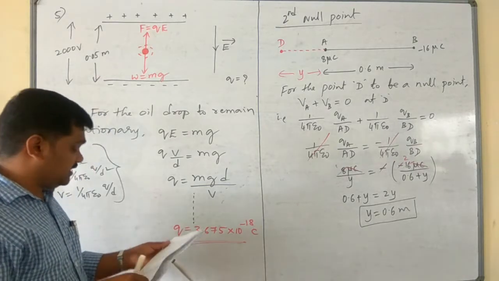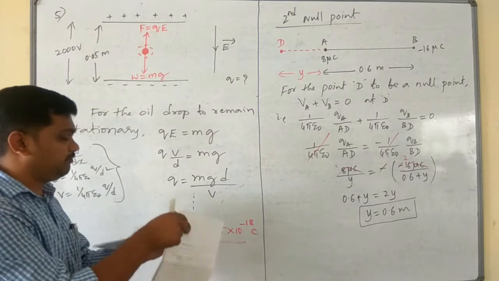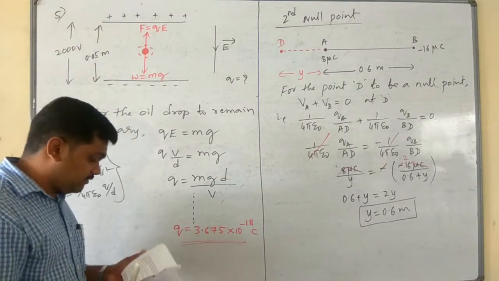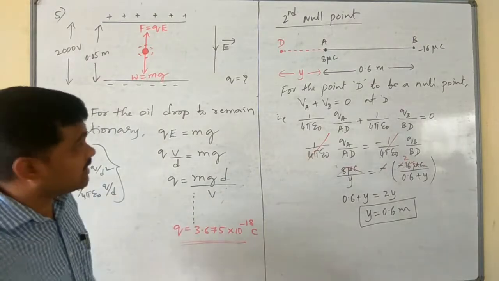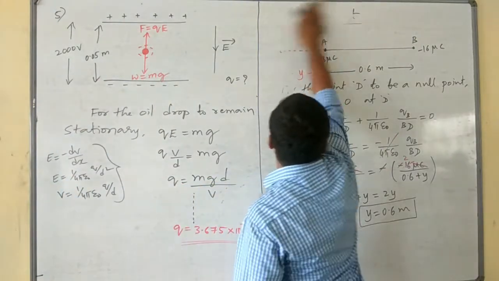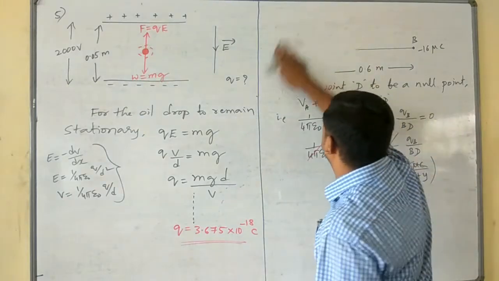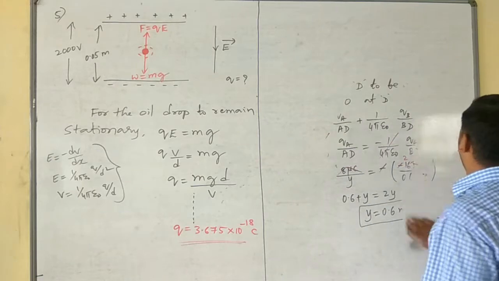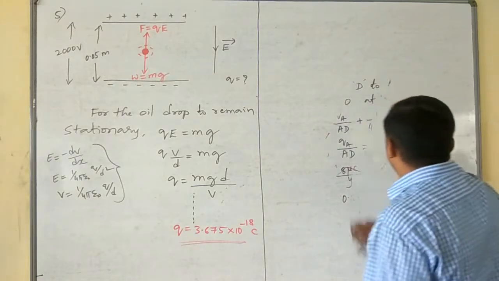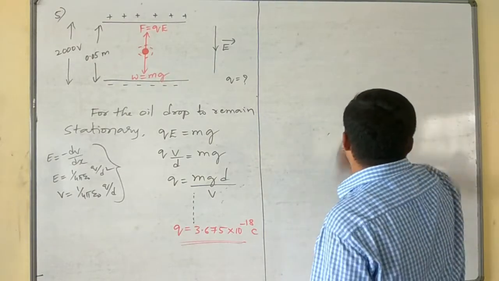Okay, next, let's move to the next question, which is based on the concept of electrical capacitance. What is capacitance? Capacitance is the ability of a conductor to store electrical charges.